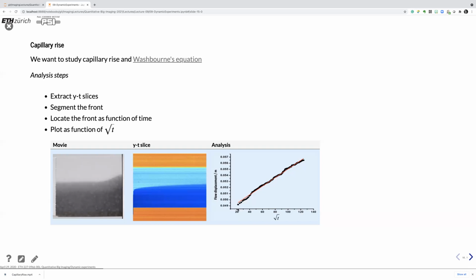Washburn's equation says, in principle, that the position of the capillary rise is related to the square root of time, which we can very nicely fit with a line here. So this is already a full experiment that is done by people working in porous media to characterize their samples before they start doing the full experiment. This is a very simple example of a dynamic process study.